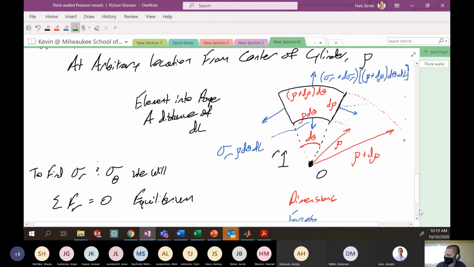On the sides here, we have this hoop stress, and we're going to have to resolve it since this is not necessarily acting along this horizontal. There will be some component in the R direction.